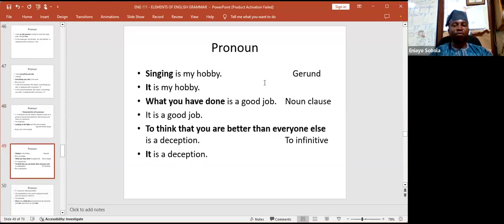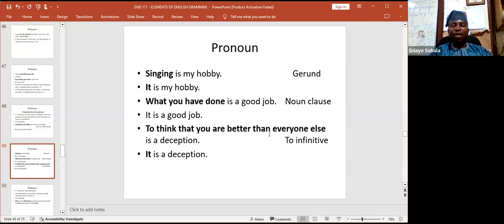Second, singing is my hobby. This is a gerund. It replaces singing. Next one, what you have done is a good job. This is a noun clause. It is a good job. It here replaces what you have done. You can see that a pronoun can replace a noun clause.